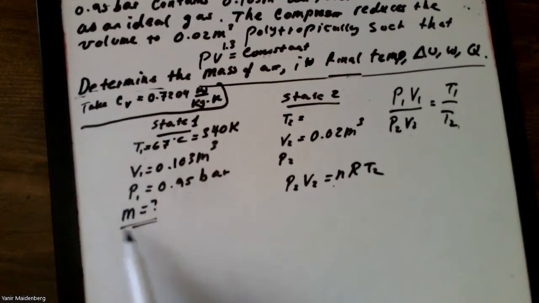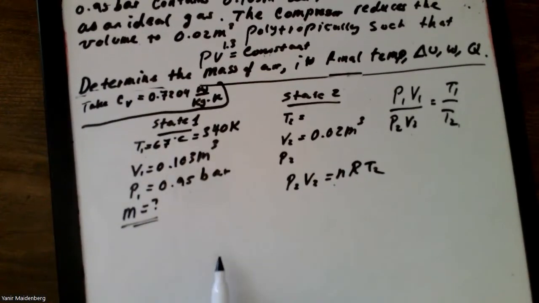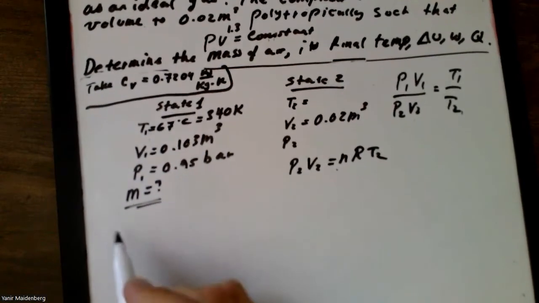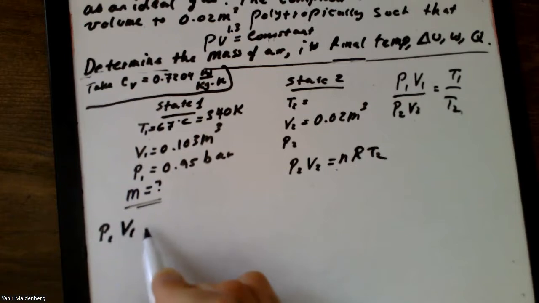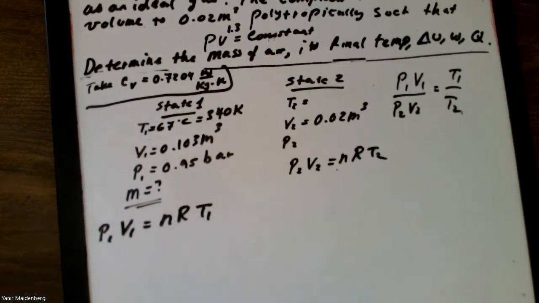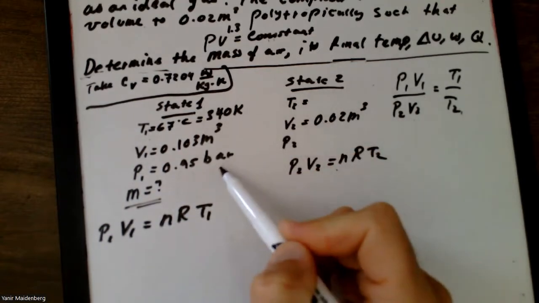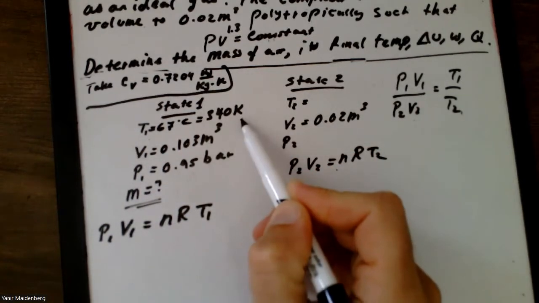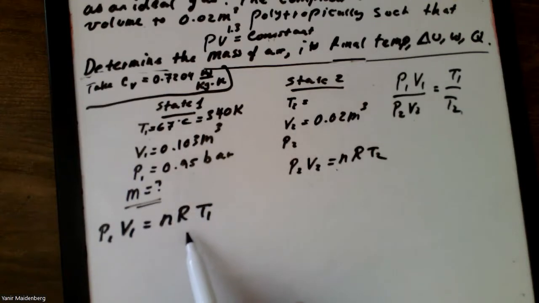So I'm going to apply the ideal gas law for state number 1. So I know for state number 1, I have P1 V1 is equal to nR T1. And I am given stuff in bars, meters cubed, and Kelvin. So I've got to select an R that's got all of those units in it. And that's fine. So you go look at the list of R's that you have.